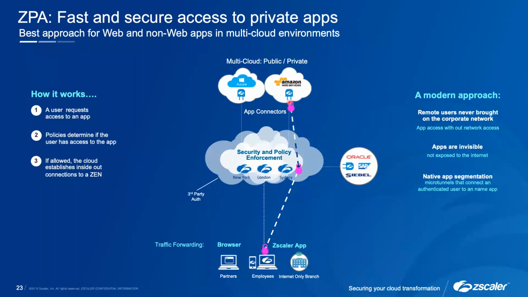And this app connector connects to the ZPA cloud as well. So now you have two independent channels, one talking from where the app is located, one talking from where the client is located, and then the cloud makes sure that these clients are able to talk to these applications.